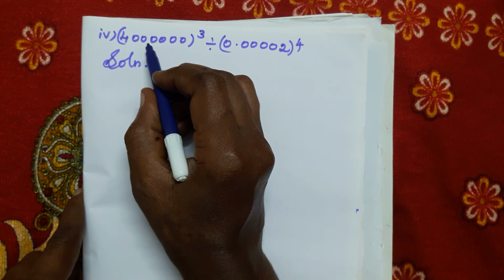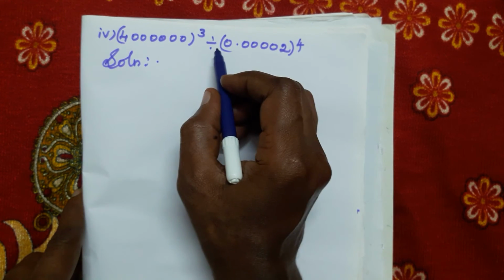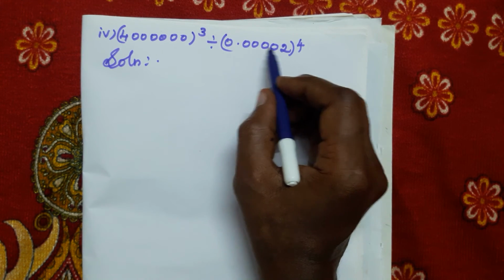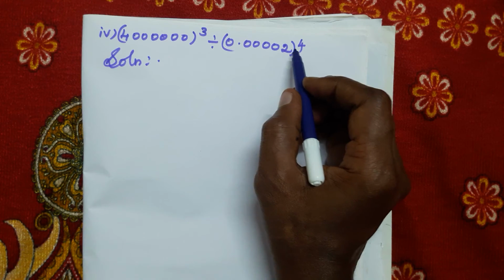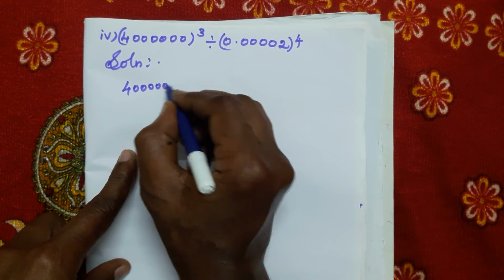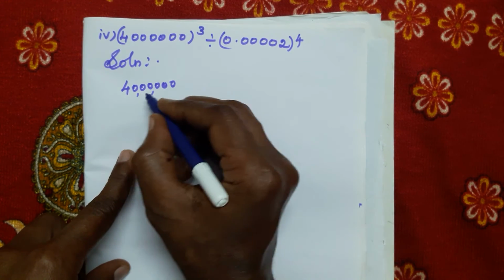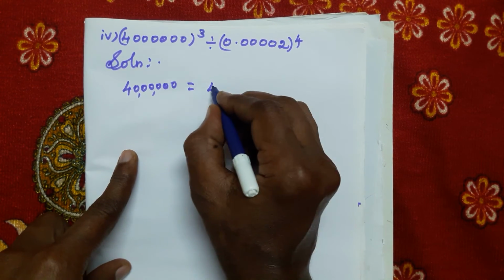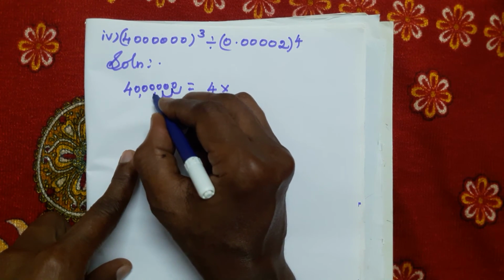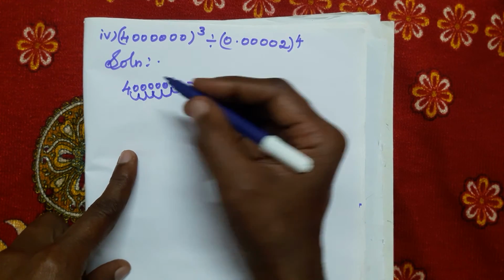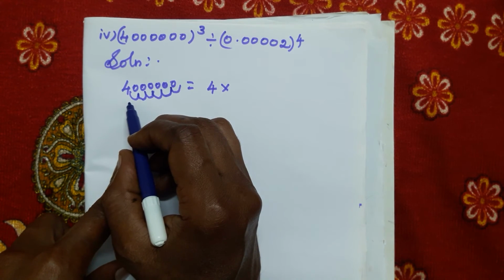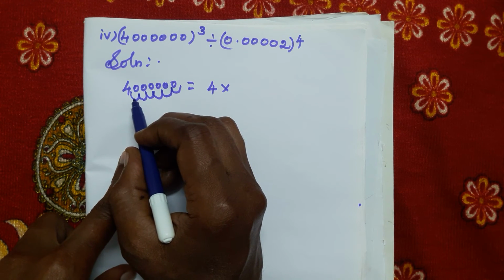Now 40 lakh the whole power 3 divided by 0.00002 the whole power 4. First, 40 lakh, when we write in scientific notation, what are we getting? 4 into, how many digits do we want to move the decimal point? 1, 2, 3, 4, 5, 6. 6 digits we want to move the decimal point. Which side?